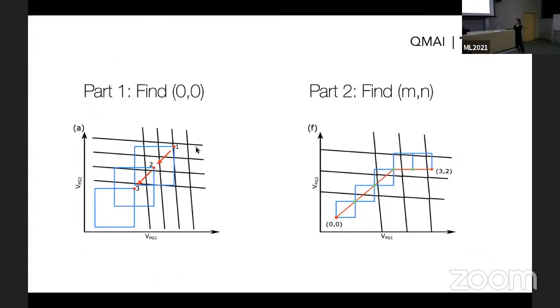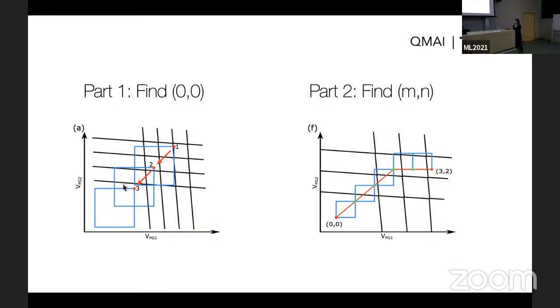So what we do is that first we find a 0-0 state: you keep finding lines and you keep shifting. If you find both transition lines, you keep shifting diagonally down to 0. If you find only this one, you keep going that way. If you find only this one, you keep going that way. And this is just a hard-coded algorithmic feedback loop that you introduce just from understanding how this charge stability diagram works.